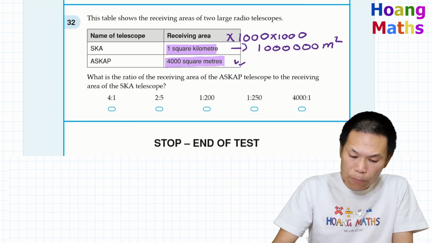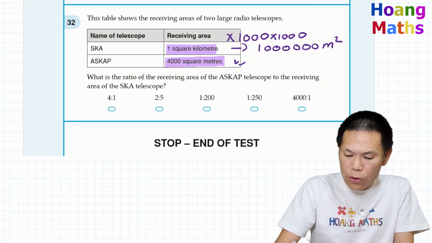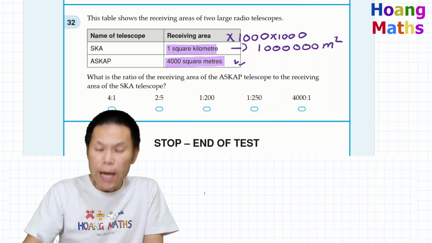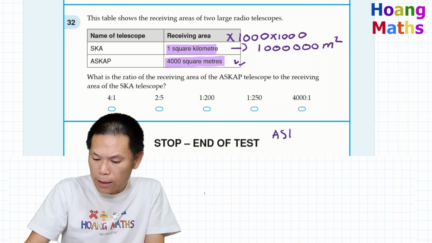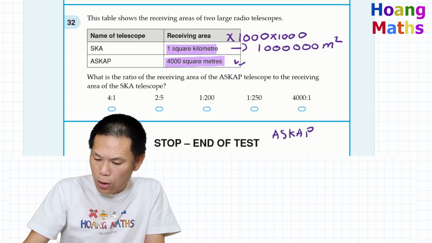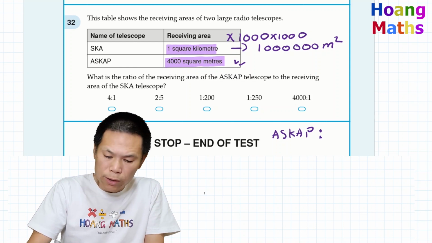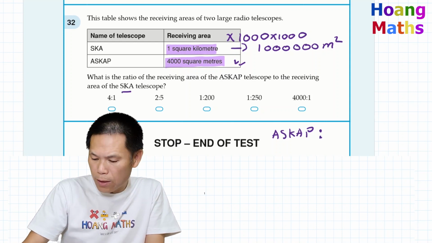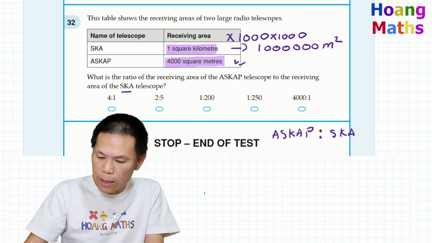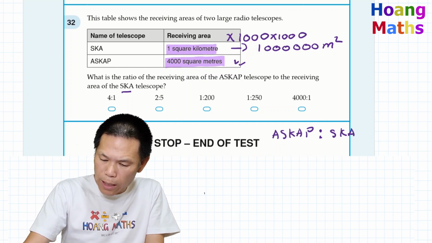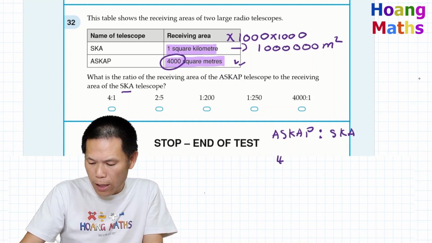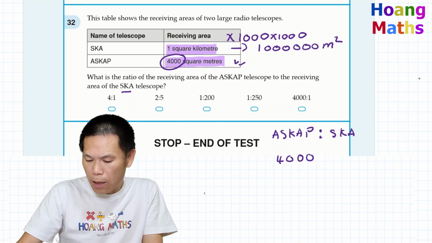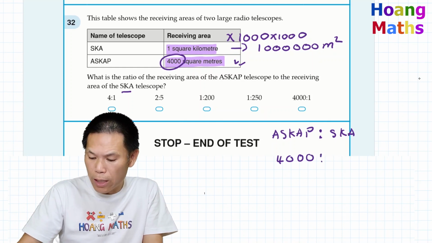The question is, what is the ratio of the receiving area of the ASKAP telescope to the receiving area of SKA? So let me just write this down. This one here is actually 4,000 square meters. Because it's the same units, I don't need to write the unit anymore.